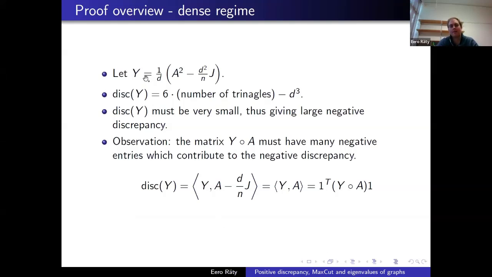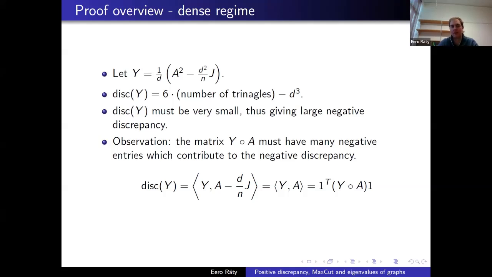So let's look at this matrix y, which is closely related to A squared. Essentially we pick A squared, which we know is positive semidefinite. Then we subtract an appropriate multiple of J, so that this now has eigenvalue 0 for the all-one vector.